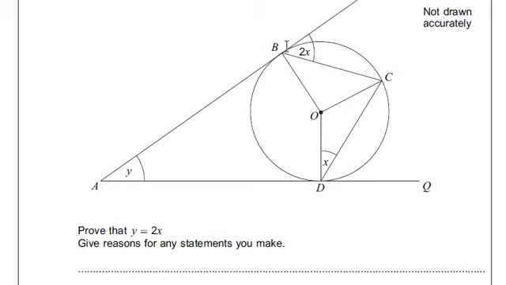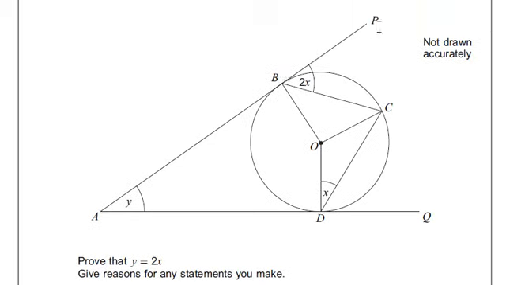And now we know that because a tangent makes a perpendicular with a radius, PBO is actually 90 degrees. So we know that CBO is 90 minus 2x. Fair enough.